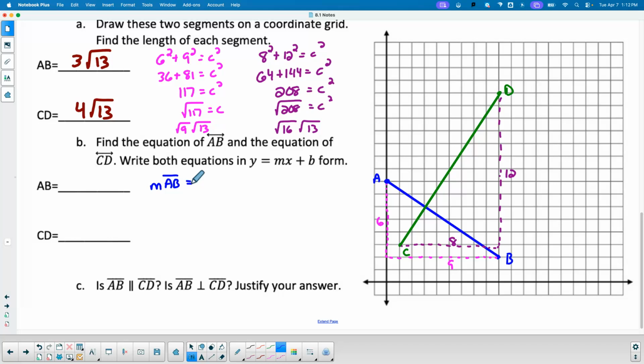Negative 2/3. We went down 6, so that's a negative 6.